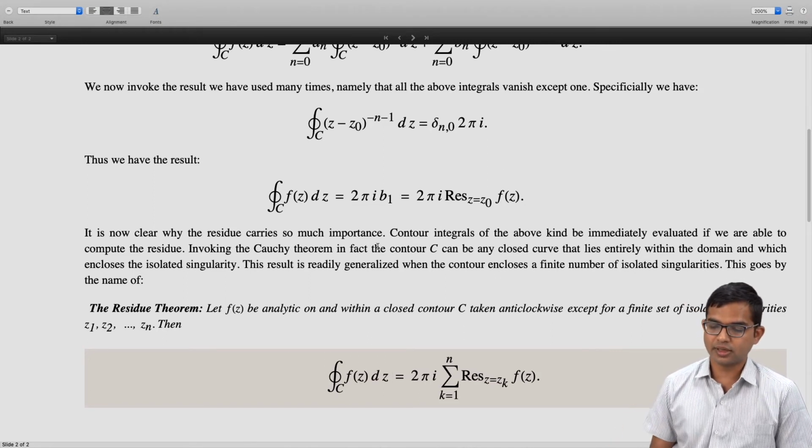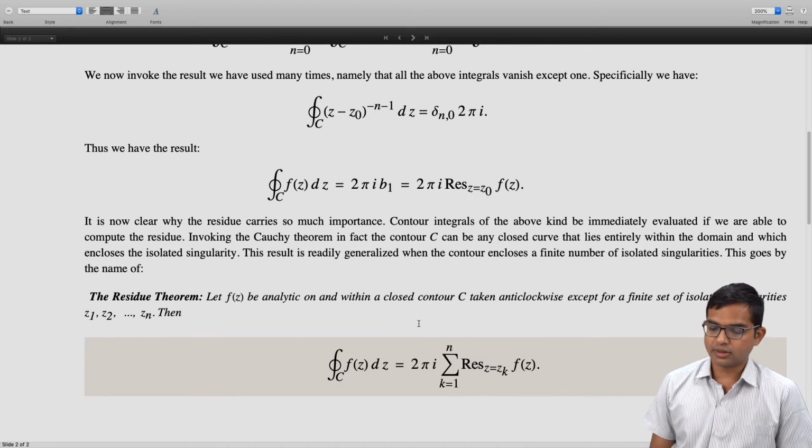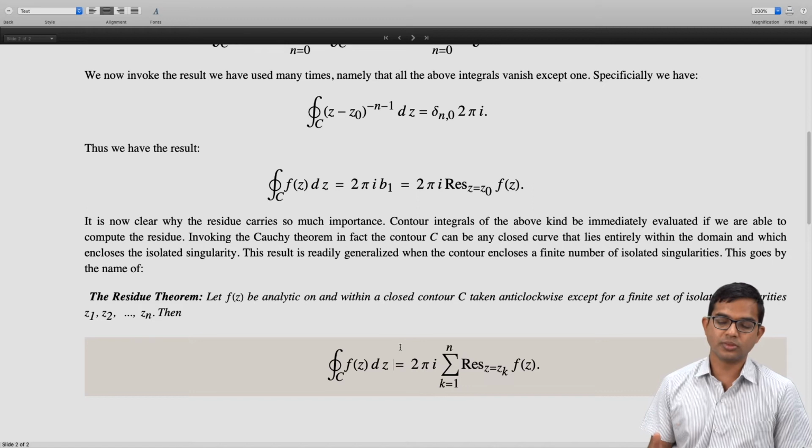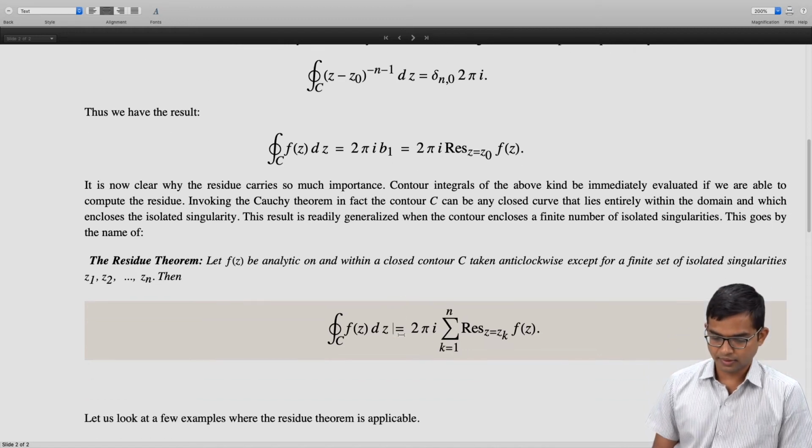Therefore the overall result is 2 pi i times the sum of the residues, because they are finite in number.